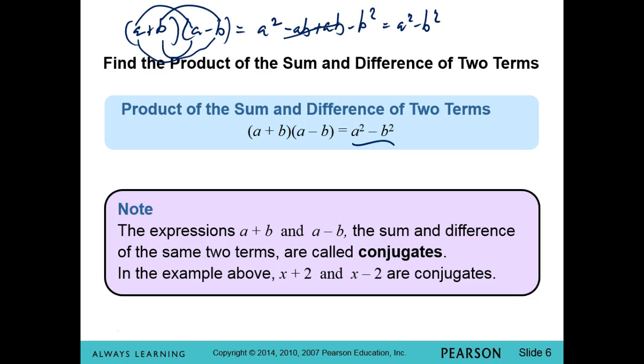Now, why did I say remember conjugates? Later, probably not this course, but another course, you're going to be dividing irrational numbers. And that's really hard to do unless you remember the conjugates, because if one of these was irrational, like the square root of 3, messy. But when you multiply square root of 3 times square root of 3, you get 3.